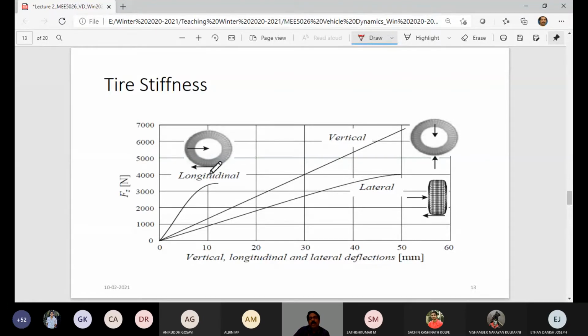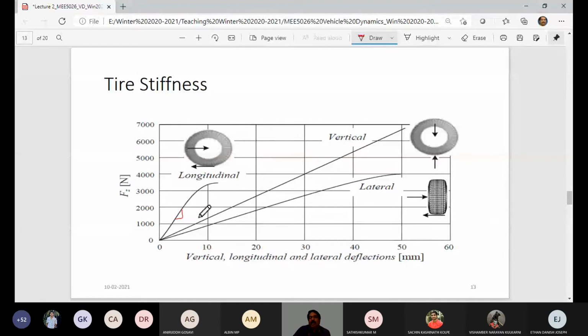So the loaded tire will be pulled on the platform. Whatever deformation comes for the load decides the longitudinal stiffness. So the longitudinal stiffness is the greatest value in the tire. What is vertical stiffness? When you load, there is a deflection here. So load by deflection is the vertical stiffness, and this would have an intermediate value. And lateral stiffness is the lowest stiffness in the tire.